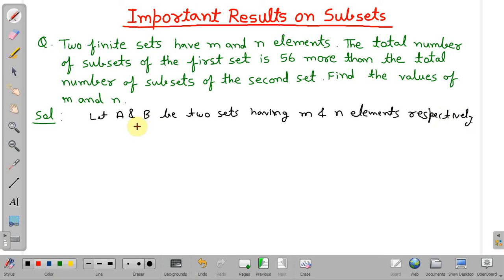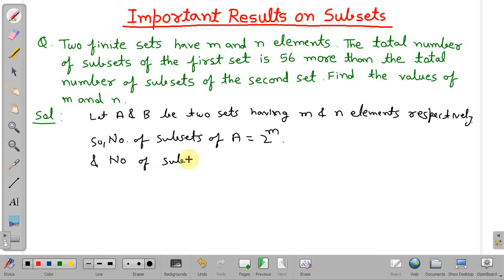So the number of subsets of set A, as per the theorem we have discussed, will be 2 to the power m. And the number of subsets of set B will be equal to 2 to the power n.